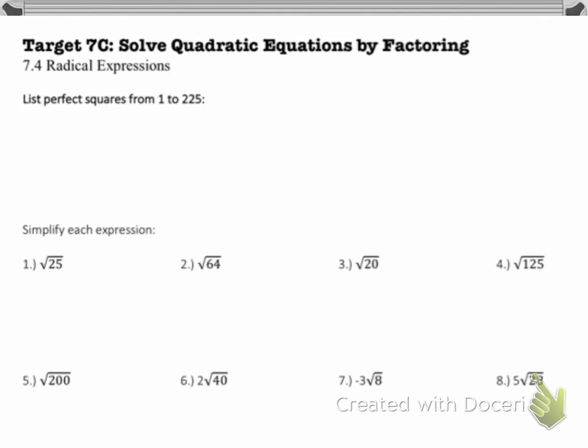So what are our perfect squares? It's important to note these. Our perfect squares would be 1, and then 2 times 2 is 4.